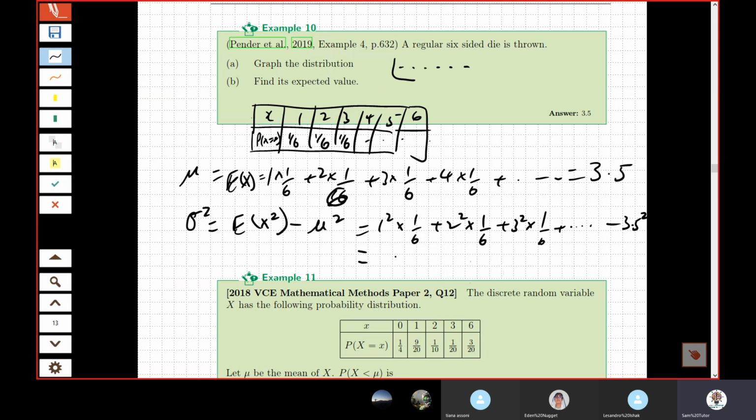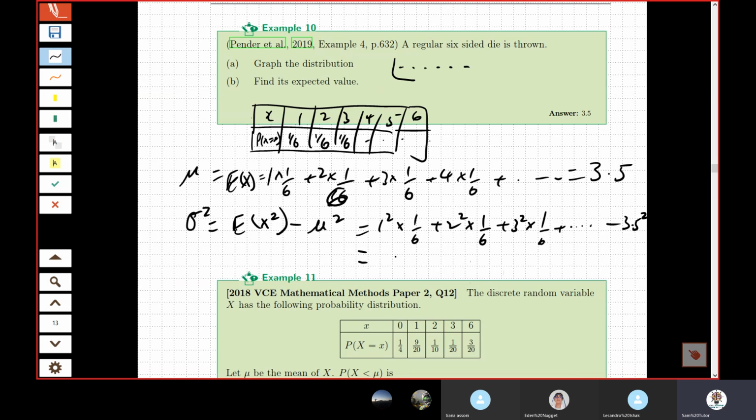Alright, I'm going to do it one more time. 1 over 6 plus 2 squared over 6 plus 3 squared over 6 plus, just one of those days, 4 squared over 6 plus 5 squared over 6 plus 6 squared over 6 minus 3.5 squared.